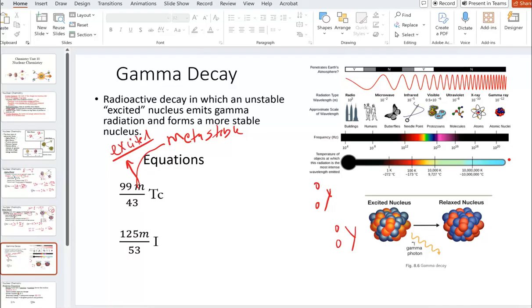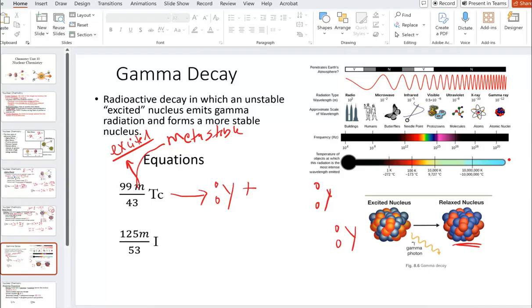So we're going to do these equations just like we did before. I'm going to do the produces arrow. What happens is this metastable isotope is going to release a gamma ray and it is going to produce a more stable or relaxed nucleus. So this is how you write the equations. You write your gamma ray plus, we're going to write the exact same isotope, because gamma radiation is energy, it's not matter.